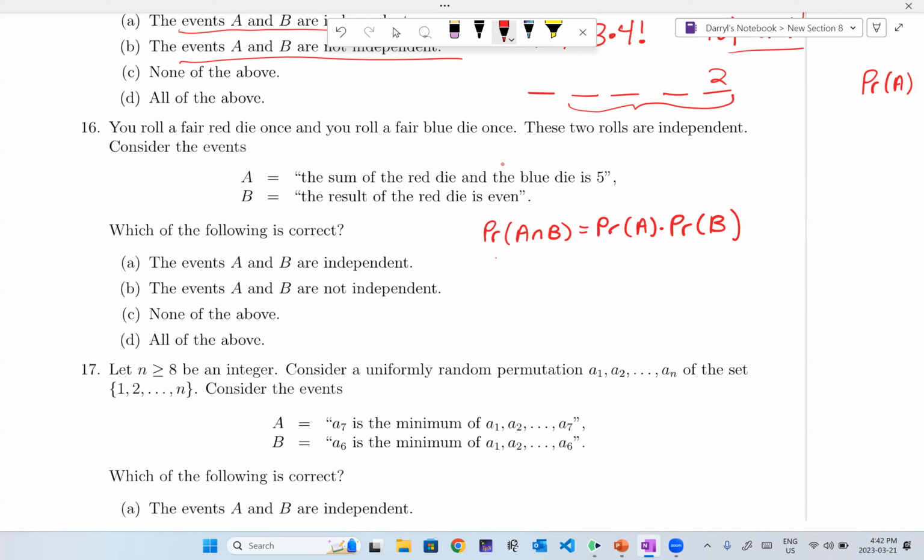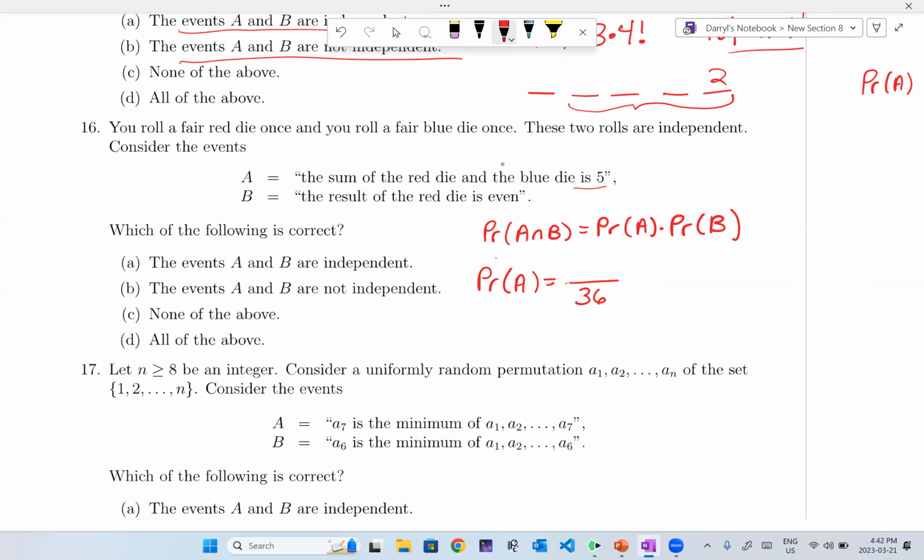Okay, so probability of A intersect B. Well, let's do probability of A first. The sum of the red die and the blue die is 5. So 2 dice, it's a uniform probability space. The size of the sample space is 36. That's 36 possible outcomes. So how many of those sum to 5?